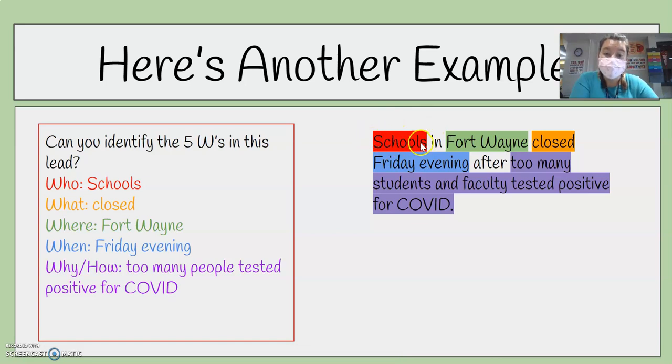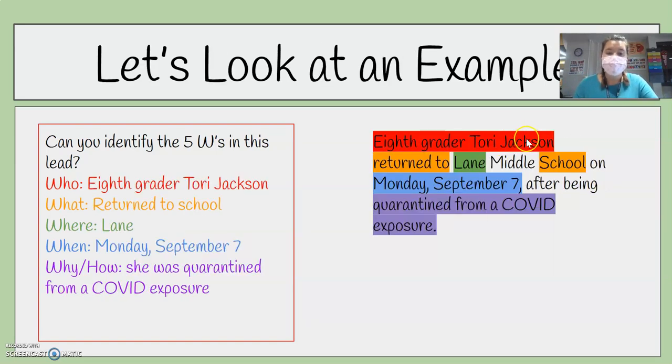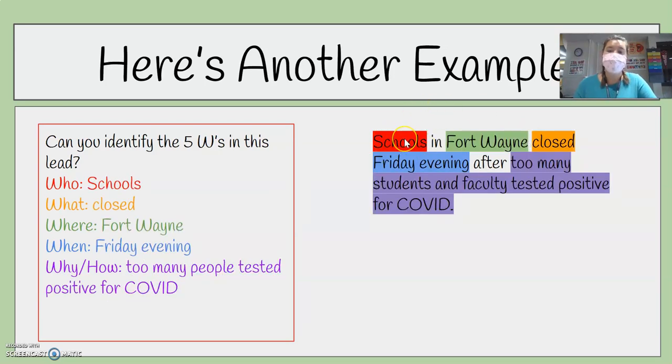What did the schools do? They closed. Where are they located? In Fort Wayne. When did they close? On Friday evening. And why did they close? Too many students and faculty tested positive for COVID. In our first example we had a person, and in our new example a group is the subject.